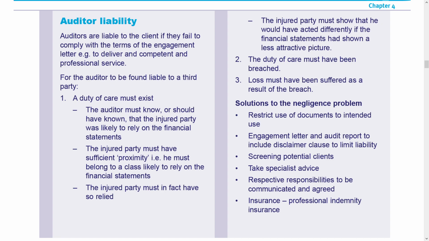If they don't want to rely, it's fine for them. It's not so important for them. So it's for those classes of stakeholders who are more likely to rely on the financial statements, who have that closeness with the entity. For example, the customer, the supplier, they rely on those financial statements.